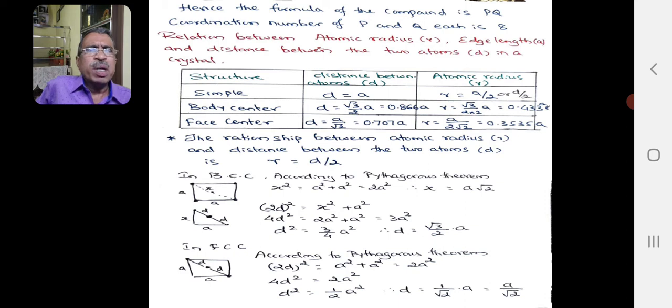The relationship between atomic radius and distance between the two atoms d is r is equal to d upon 2.